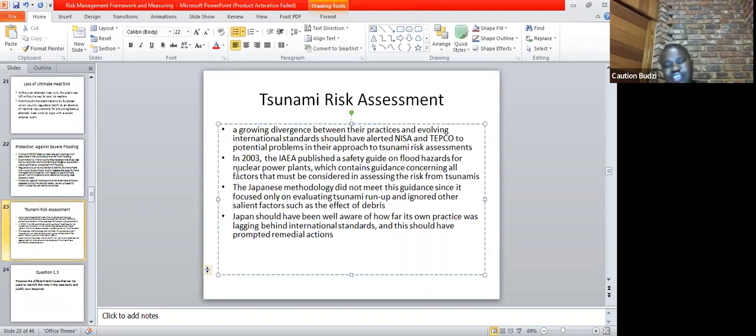So, to some extent, the Japanese authorities were not up to date in terms of the regulatory frameworks and guidelines with regard to nuclear power plants. So the power plant was vulnerable to a number of risks.